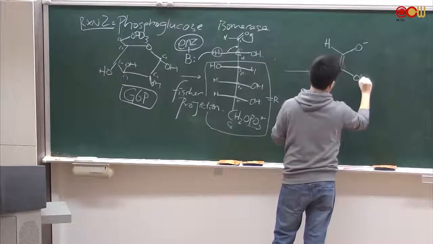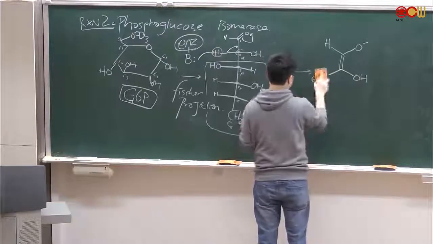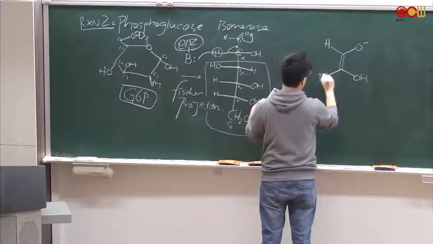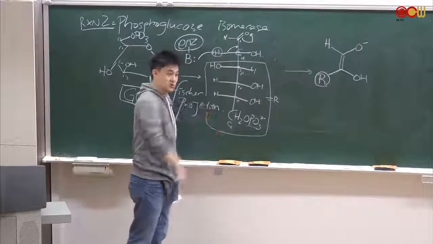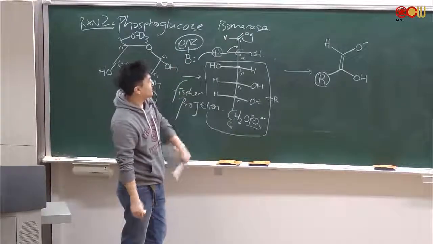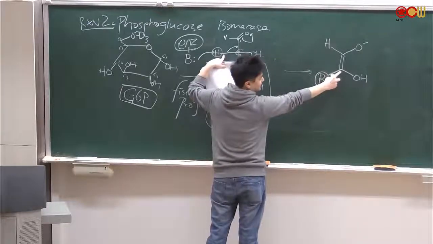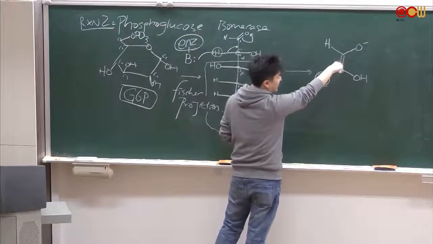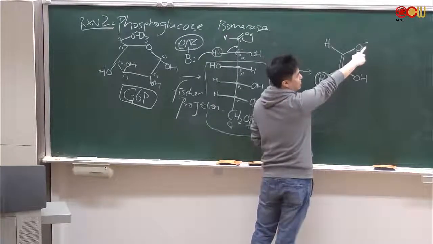Here OH, and then here is your R group. R is the rest of the molecule, and then obviously you see how I pulled off the proton here. So now this particular carbon lost a proton and now becomes an alkene kind of, and the double bond that was initially here is now on the oxygen.